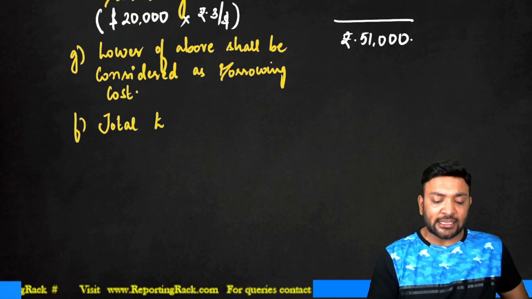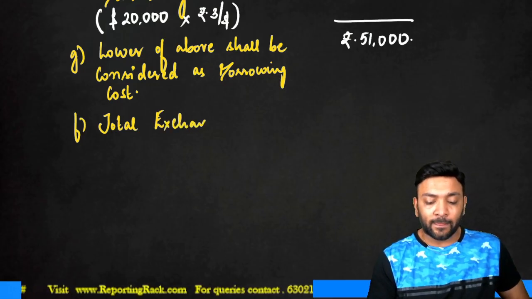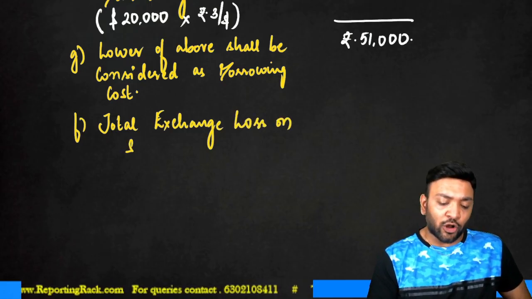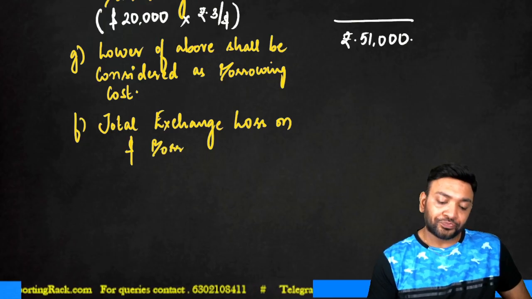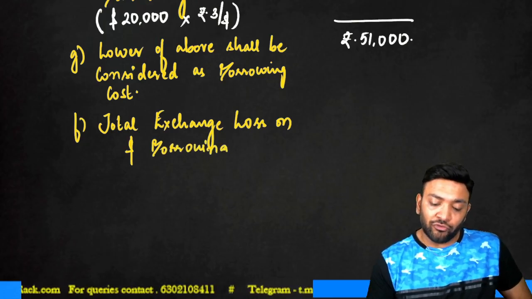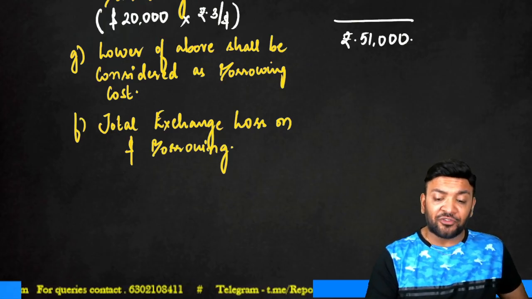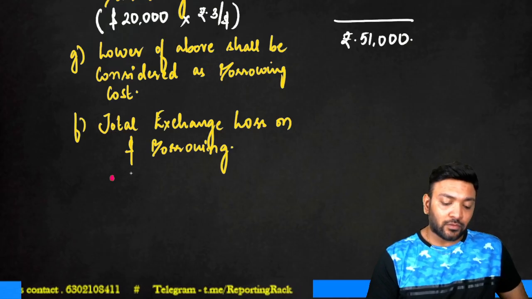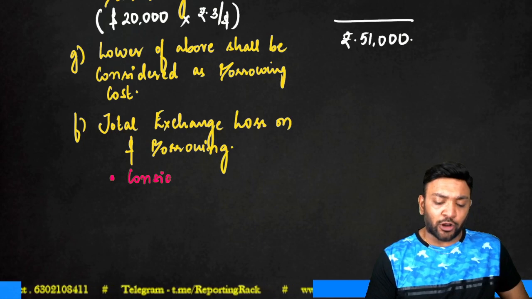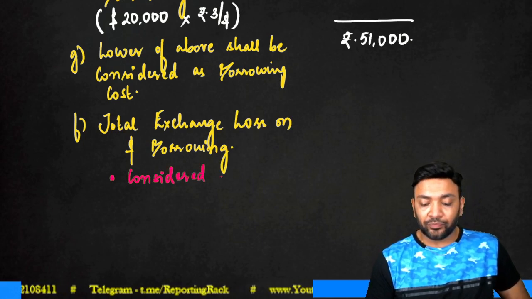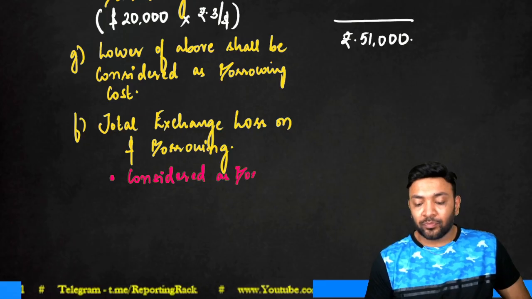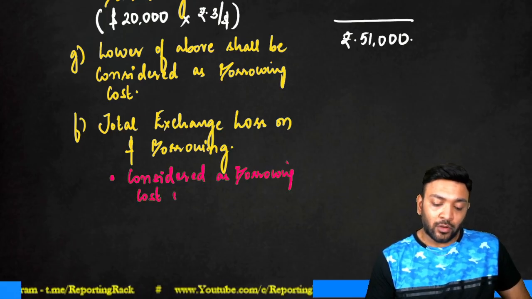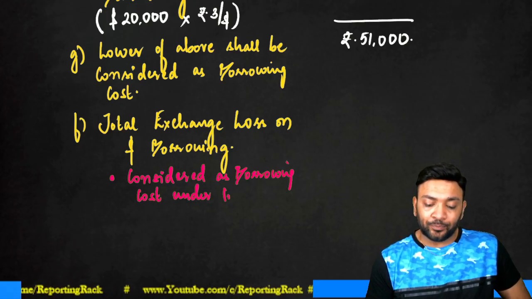Out of the total exchange loss on dollar borrowing, I have considered a part of it as borrowing cost under IND AS 23.